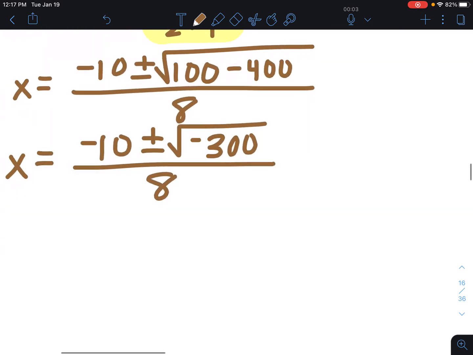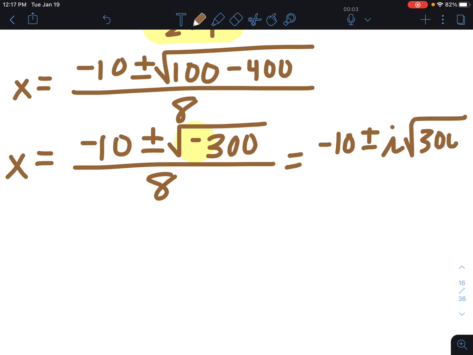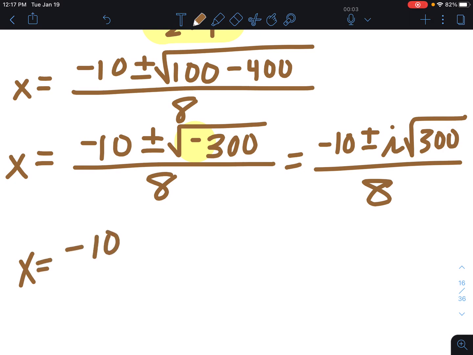And then from there, simplify. We have a negative, so pull out an i. Can you think of what the square root of 300 can be broken up into? It's easier than it looks.